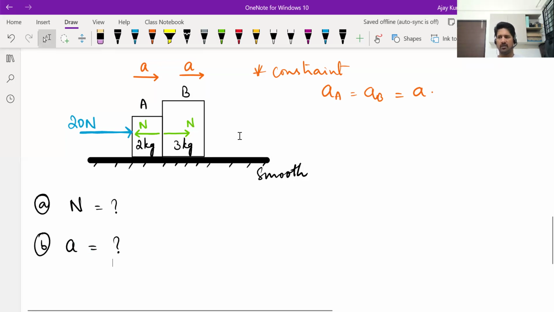The question is asking you to calculate a force and an acceleration. The only relation we have is F net equal to ma. Try to apply that.